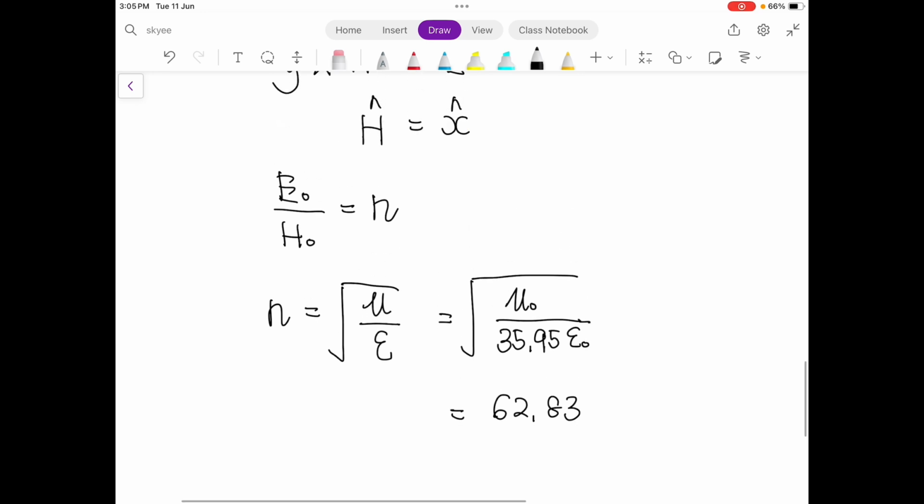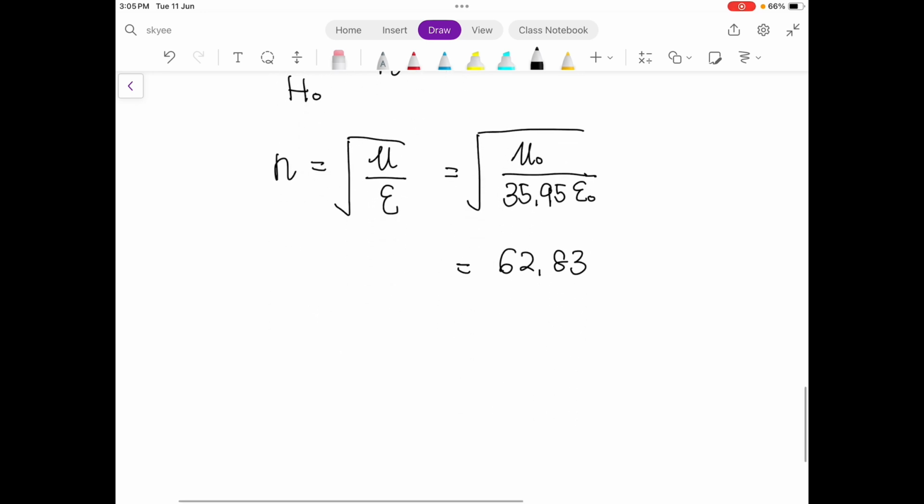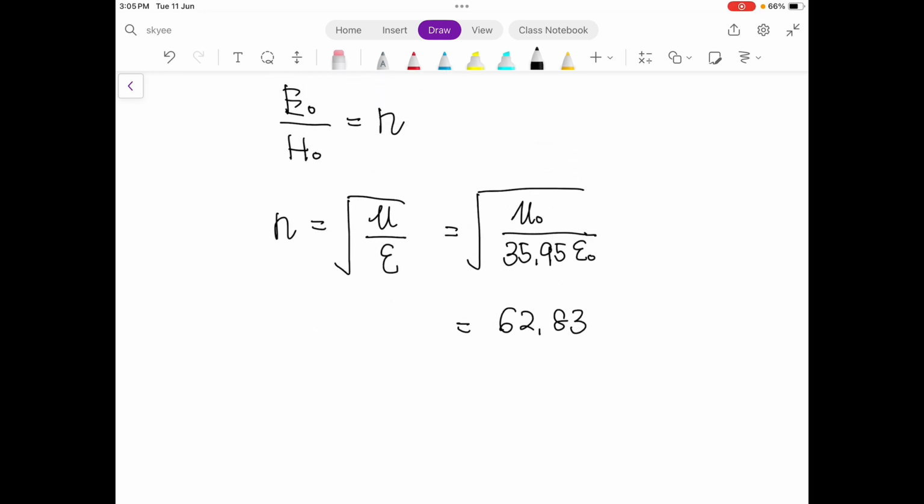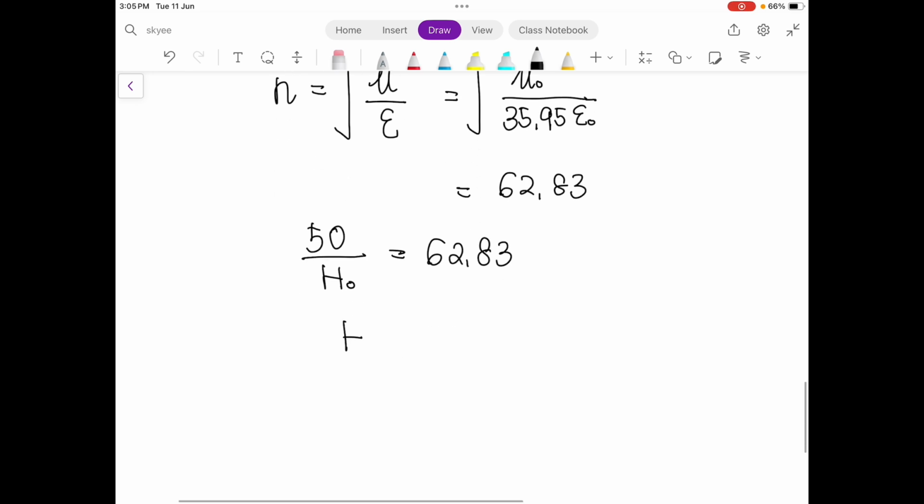So use this over here. We have the amplitude of the electric field, which is 50. So H naught equals 50 over 62.83, which is 0.796. This is the amplitude.